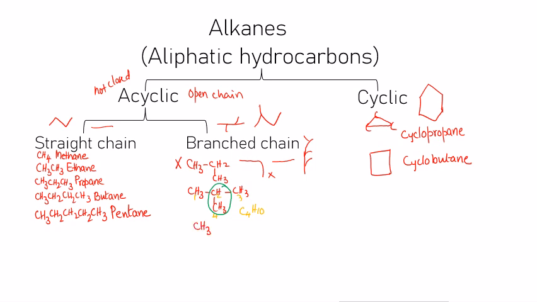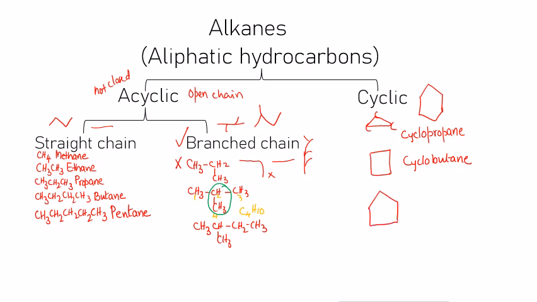Actually, I can draw multiple branches here, but let me just show you one now. 1, 2, 3, 4, and 5. We have 5 of them now. And the naming of the branch chain we will learn separate. Okay, so that's better.